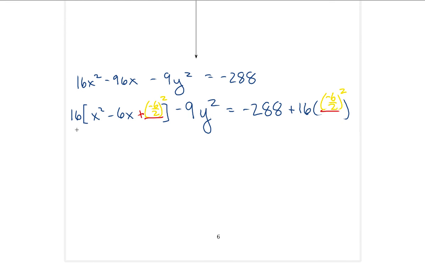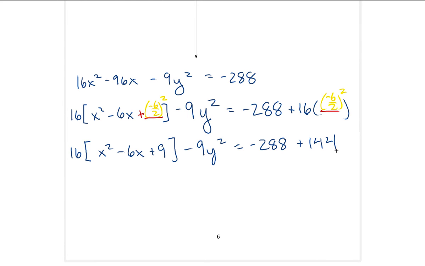And then we've got right here x squared minus 6x, and that's going to be plus 9, minus 9y squared. And so 16 times 9 is going to be 144. So negative 288 plus 144. And as I factor this, we have 16 times x minus 3 squared minus 9y squared equals negative 144.